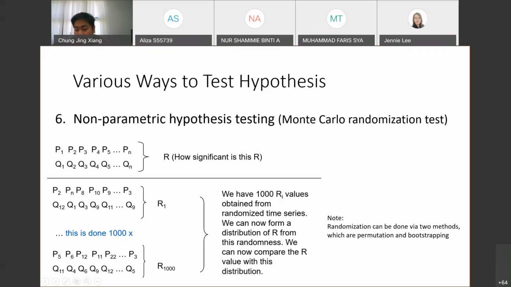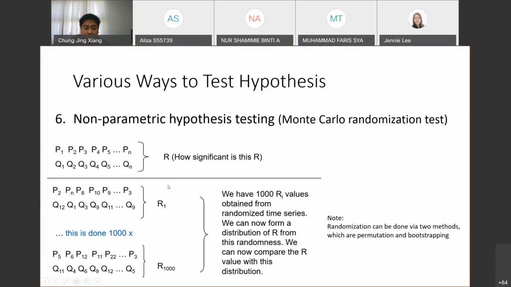We take our sample of P and rearrange them, or you can just sample them. Now you can see our P1 cannot be found in its place anymore. The first value becomes P2, the second value becomes Pn, then P8, P10, P9, P3 as the last one.